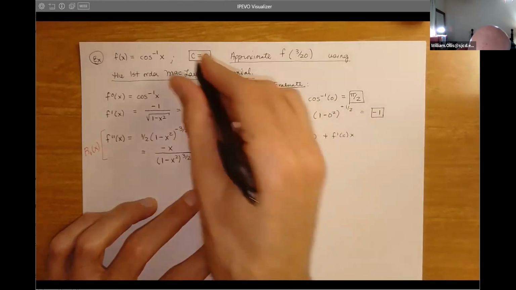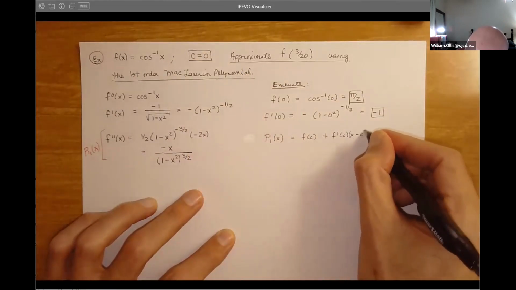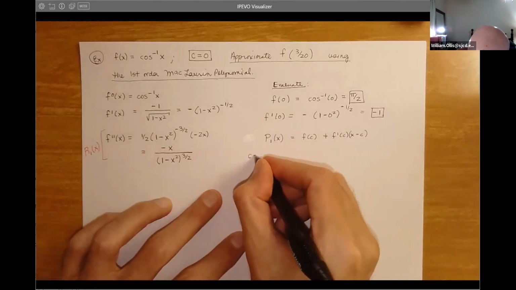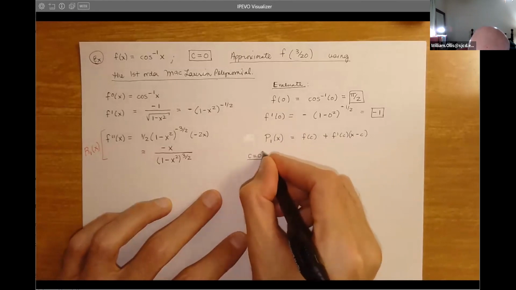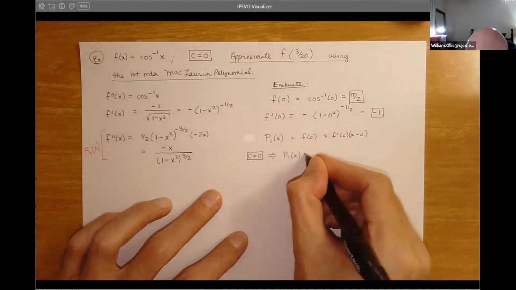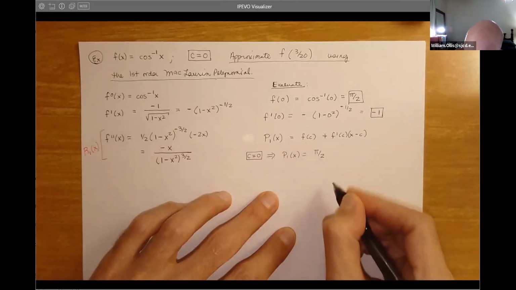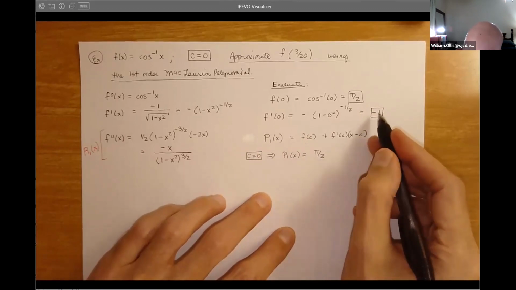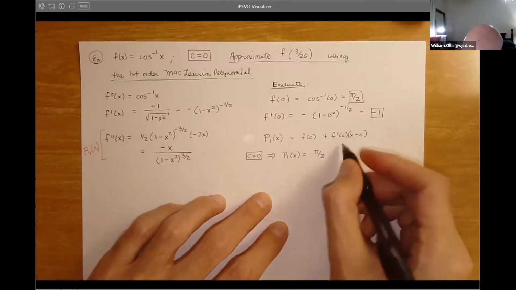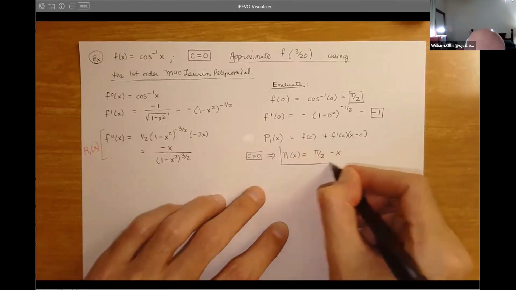And of course, remember, c is 0, but let's not even assume that we know that yet. So now we'll fill everything in. Taking c equals 0, P1 of x is f of 0, which is pi over 2, and then we have x times the derivative, which is negative 1, so we get minus x. That's it. That's how simple it is, right there.